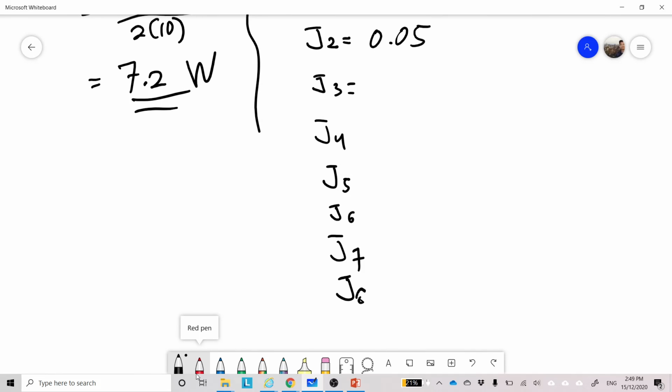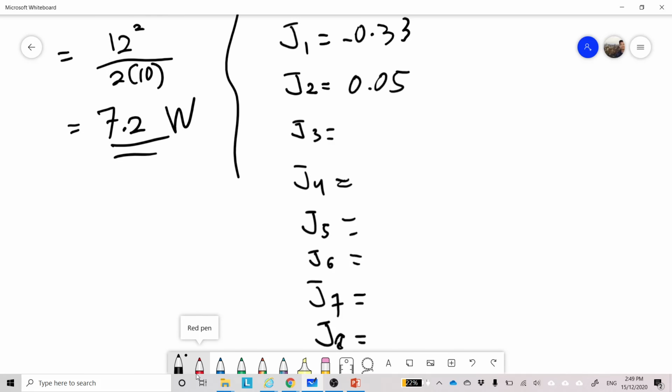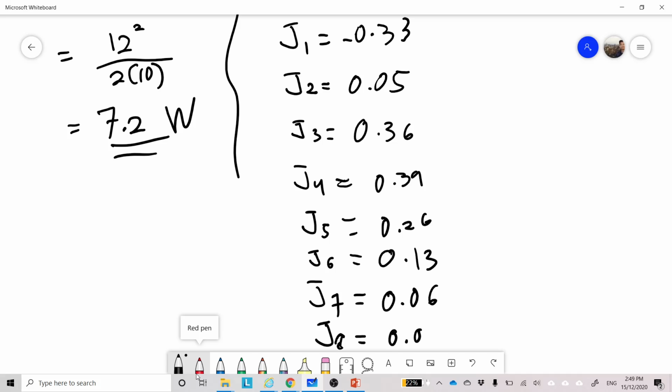So J2 is 0.05, J3 is 0.36, 0.39, 0.26, 0.13, 0.06, 0.02.